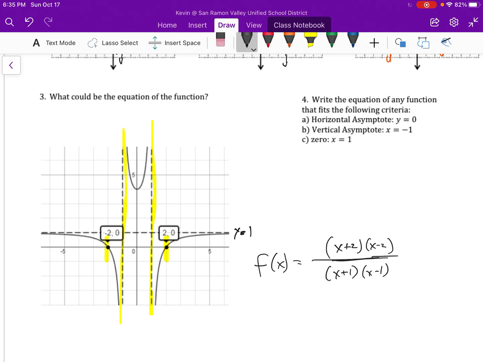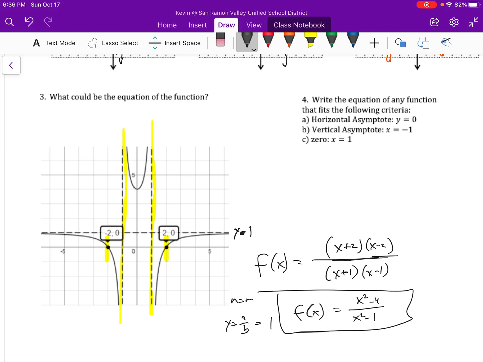N equals m, then it's y equals a over b. And since it's 1, then we know that it's not y equals 0. So the degrees of these are going to be the same. So if it says not to multiply or to put in factor form, you would leave it as it is, or you would multiply it out, and this gives you x squared minus 4 over x squared minus 1.